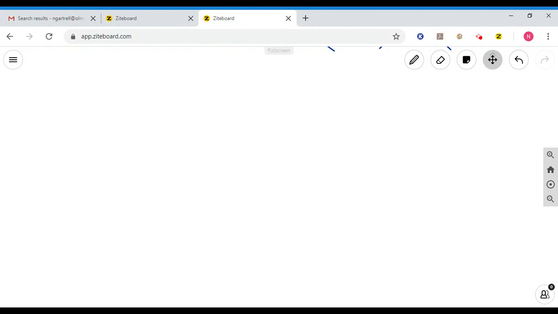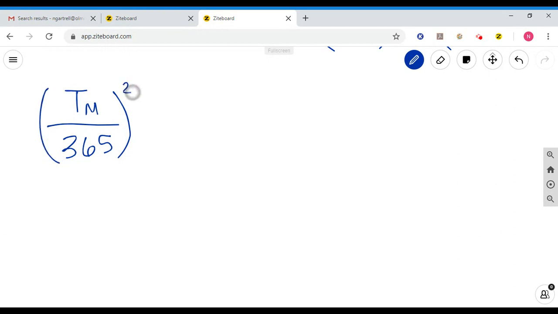All right. In plugging in, I'm leaving this as T sub m. And the time it took the Earth was 365 days. That quantity squared equals, you have to have large parentheses for that side.